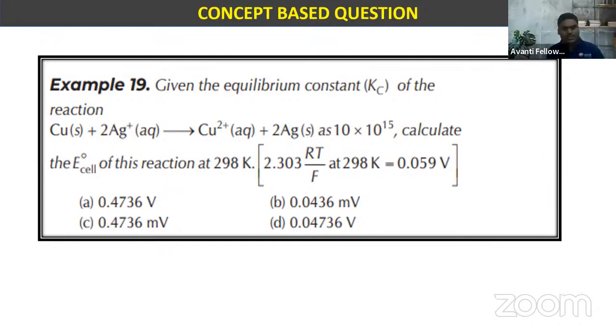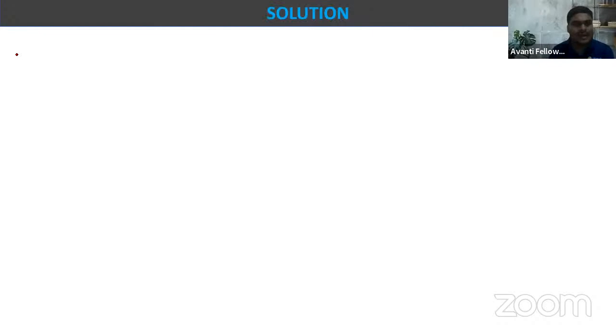So according to the Nernst equation, let me solve this question. What is the formula for writing the Nernst equation, beta?